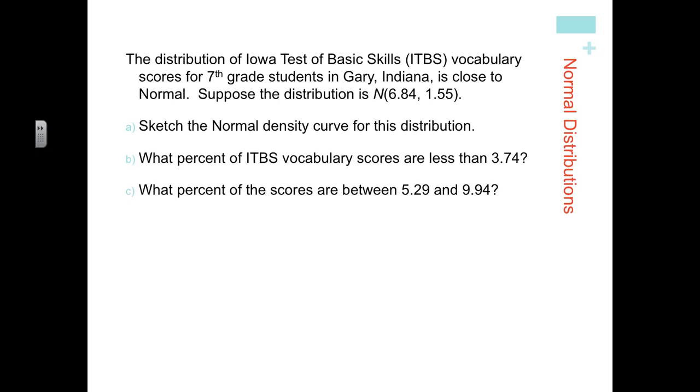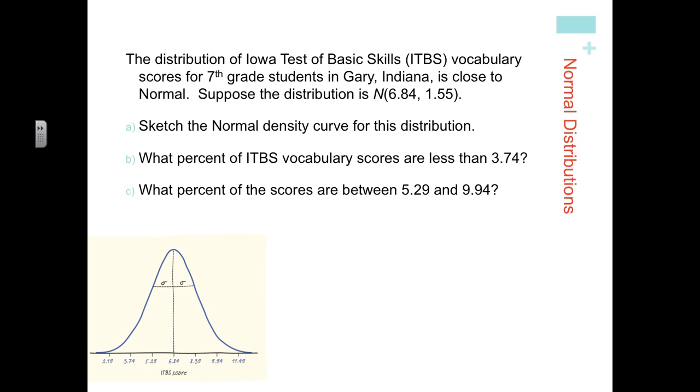I could set up a normal curve with its center at 6.84, and I know its standard deviation is 1.55. So I'm going to keep adding 1.55 till I get 3 standard deviations away from my mean, and then I'm going to subtract 1.55 from my mean in the other direction. Okay, so set up, it would look like this.